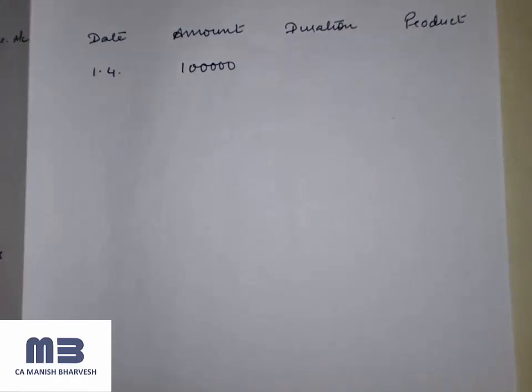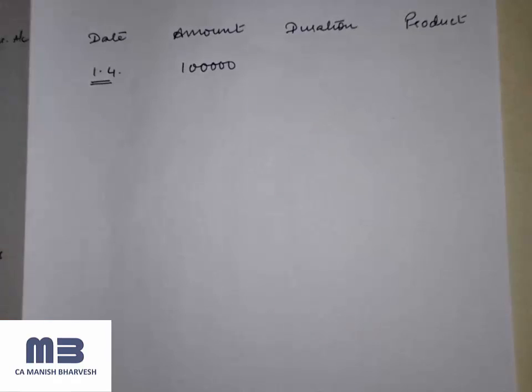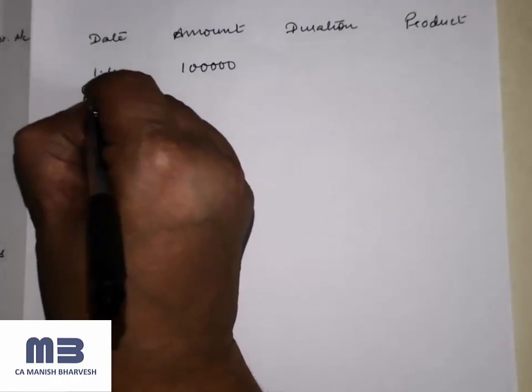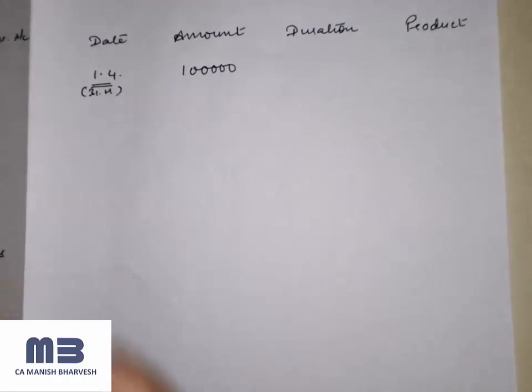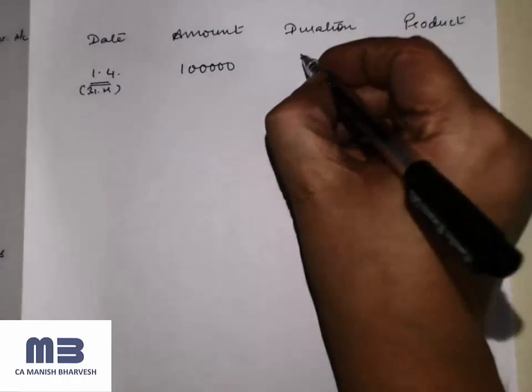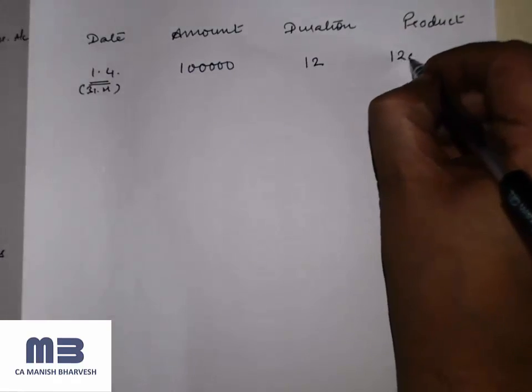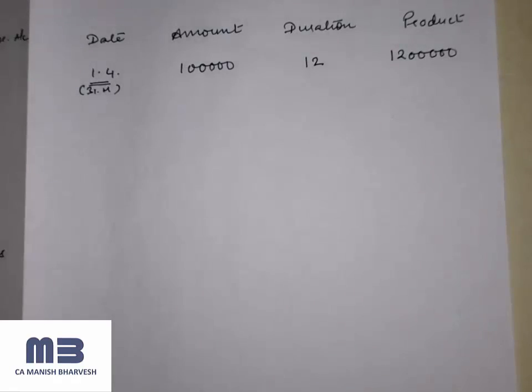Now the duration is from the date of investment of capital up to the date of computation, and we are going to compute on 31st of March. So the time gap from 1st April to 31st March is a duration of 12 months. So my product is going to be 12 lakh.